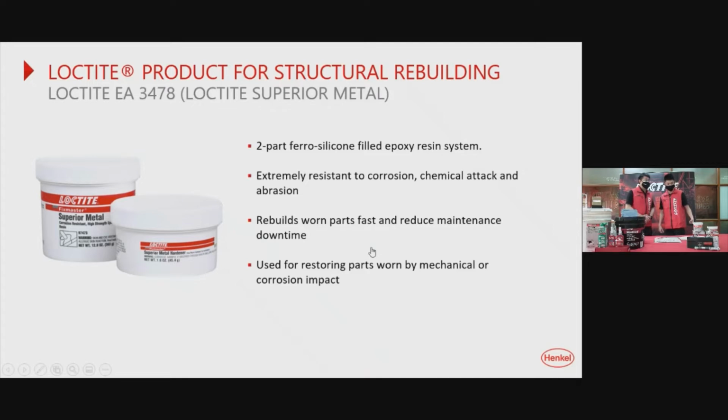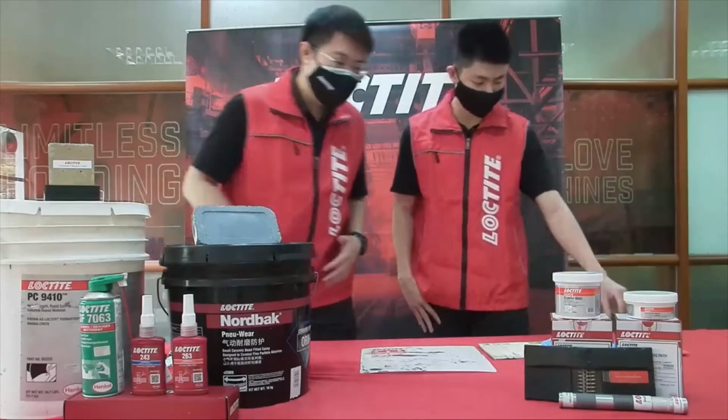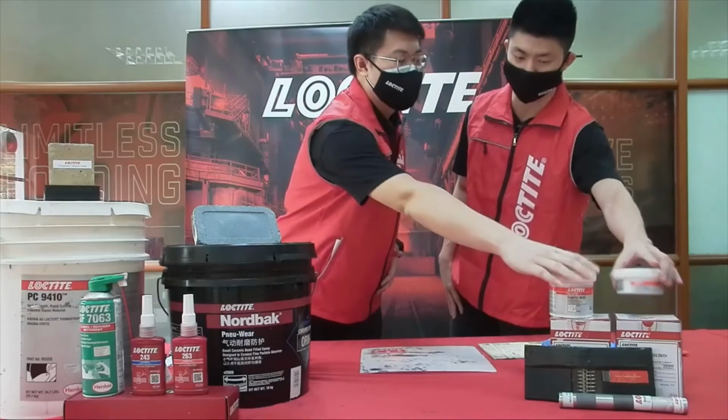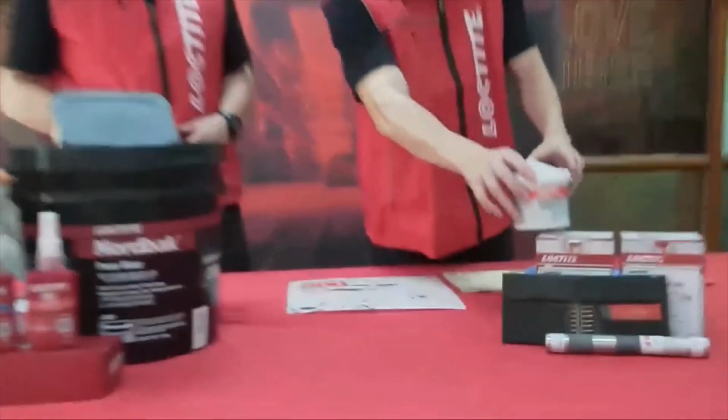All right. Similar to our last webinar series, Kim has prepared some samples and he will do a live demo for us. So Kim, shall we start our live demo today? No problem. Currently on top of our table we have this Super Metal.